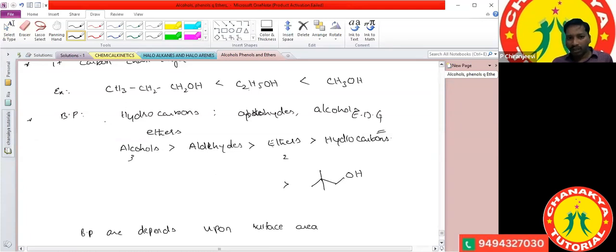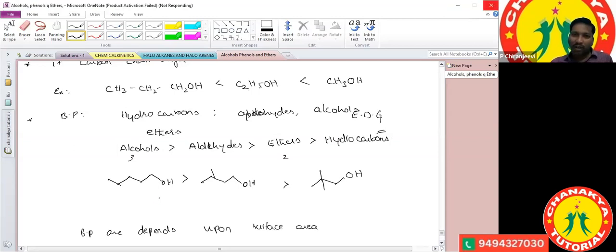If the carbon chain length increases, does solubility increase or decrease? No one is answering. What happens when the carbon chain length increases?